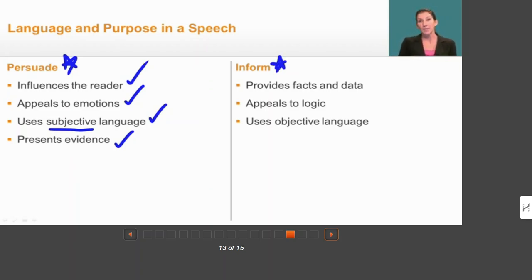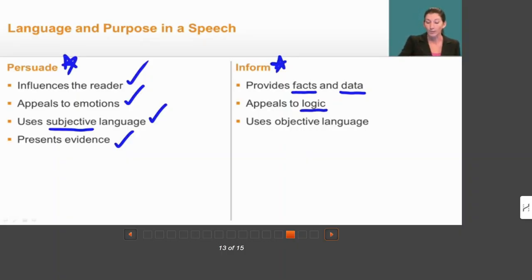Informative speeches avoid the opinion and go straight to the evidence, facts, and data. These types of speeches will appeal to logic instead of emotion. So it'll appeal to the way we think logically. We see something, we're going to read the facts and the data, we're going to process it in our mind and keep our feelings out of it.